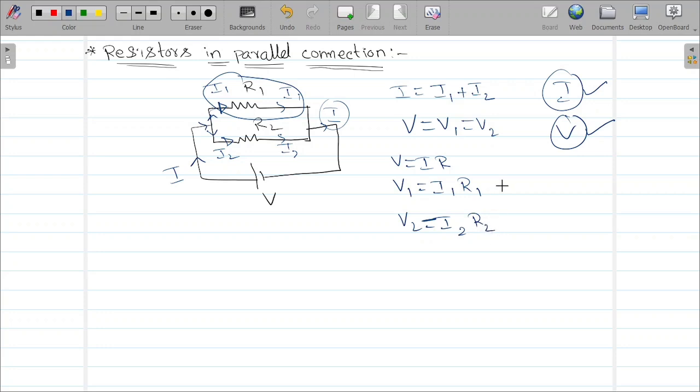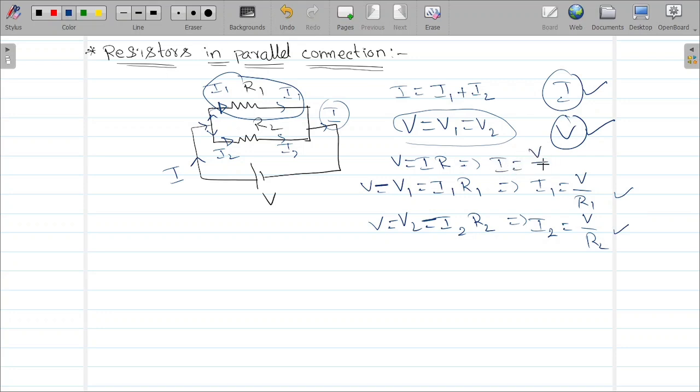Now everything is equal, so this can be written as V, and this also as V. So from this, I1 equal to V by R1, and I2 equal to V by R2. Now from I equal to V by R, total voltage, total current and total resistance, the total resistance is the parallel resistance.